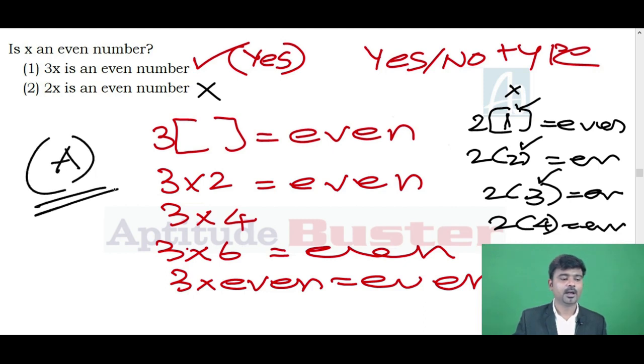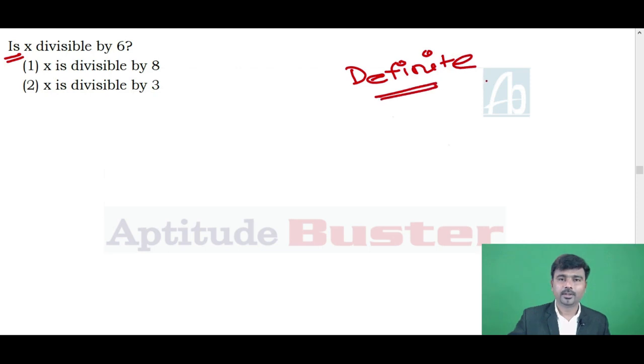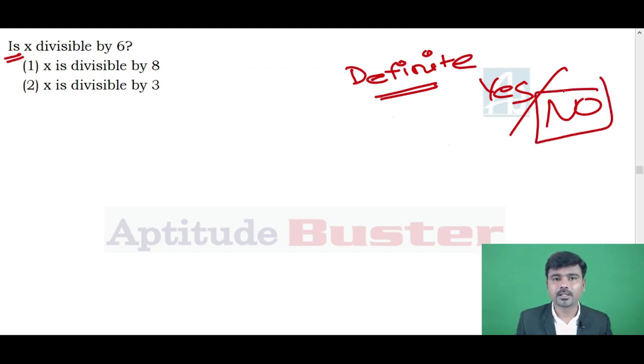The first statement alone is sufficient to say definite yes. Next question: is x divisible by 6? This question is yes or no type. For this, the word definite is important. You have to say definite yes or definite no. Which statement is sufficient to say definite yes or definite no?